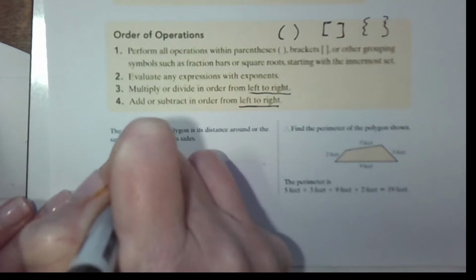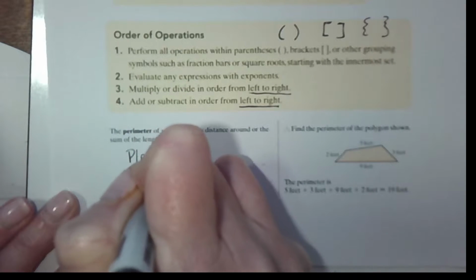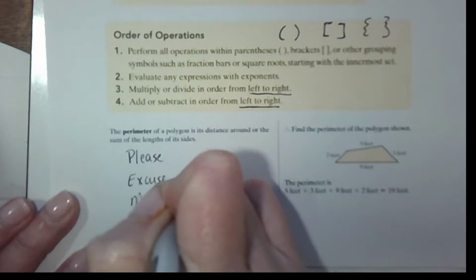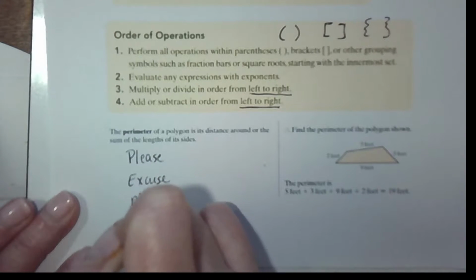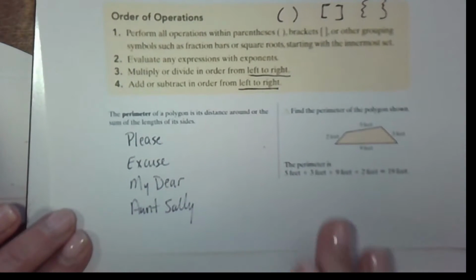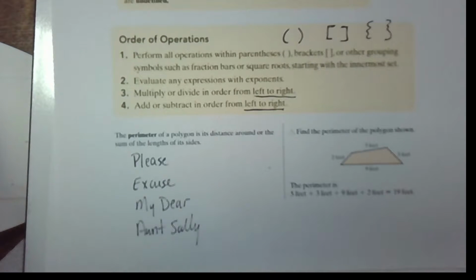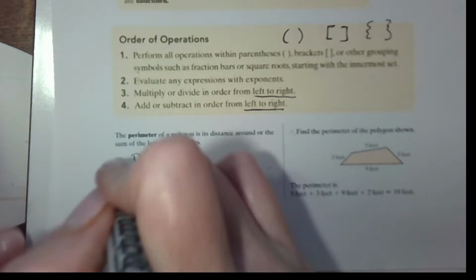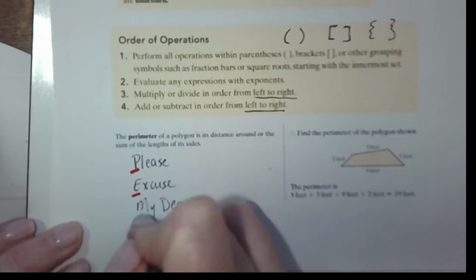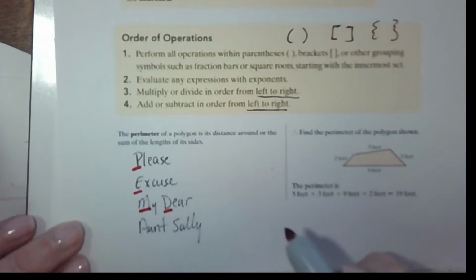Now a lot of you may have learned this with a memory device that was please excuse my dear Aunt Sally, or something similar. Looking at the first letter of everything there, the P would stand for parentheses, E for exponent, multiplication, division.